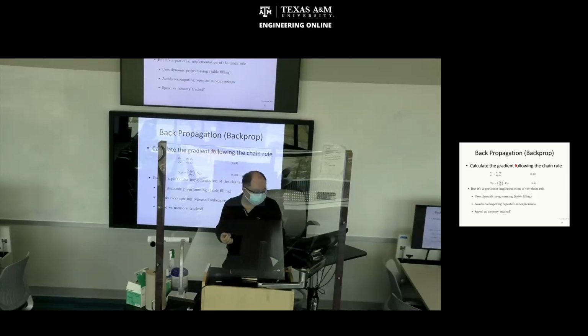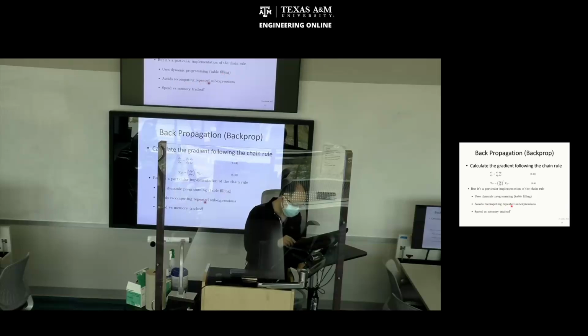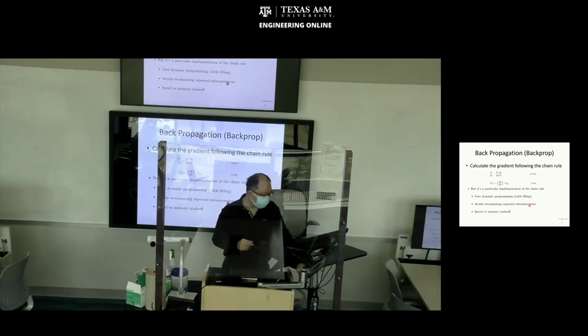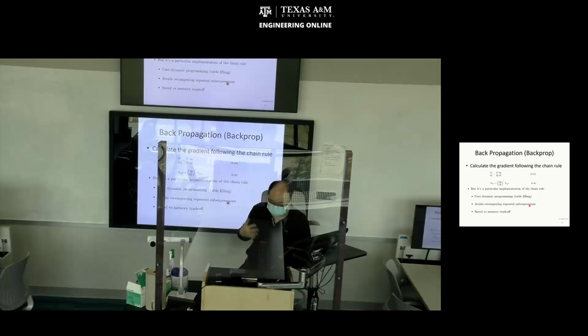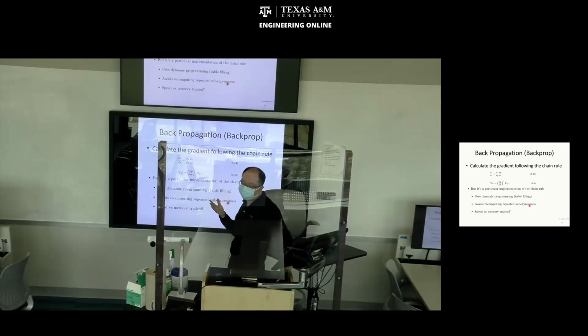So it's a particular implementation of the chain rule because it uses dynamic programming, reusing some quantities and filling the table. And it avoids recomputation of the repeated sub-expressions, and it achieves some trade-off between speed and memory. So it's way more than just the chain rule. It's utilizing the special structure.